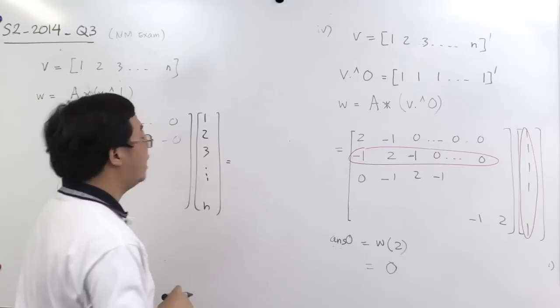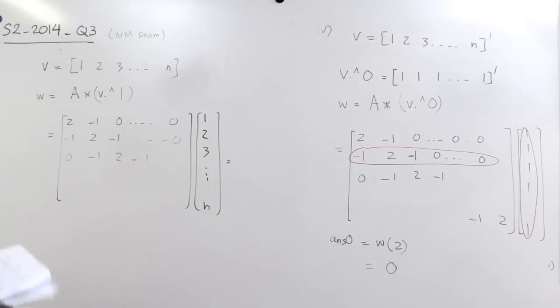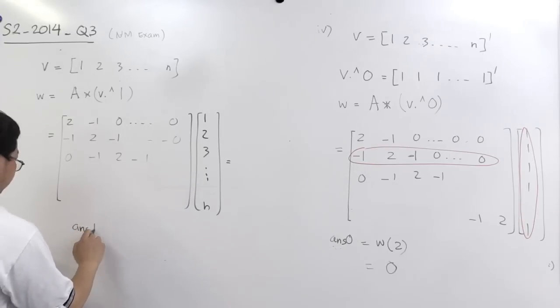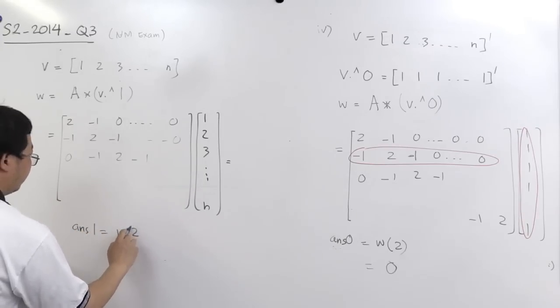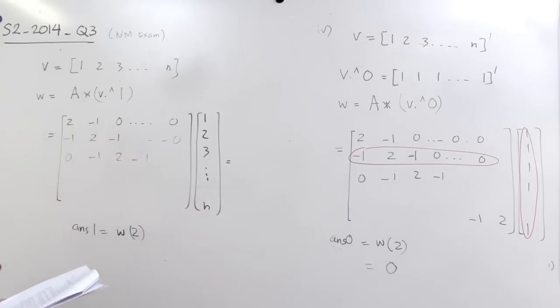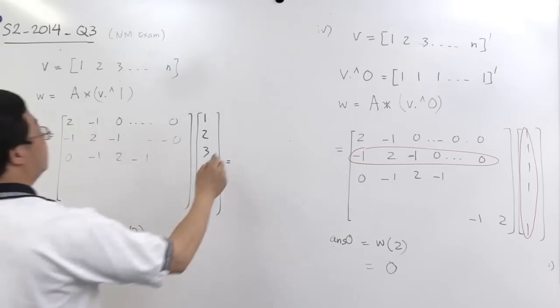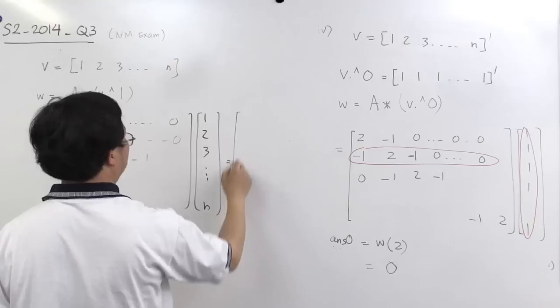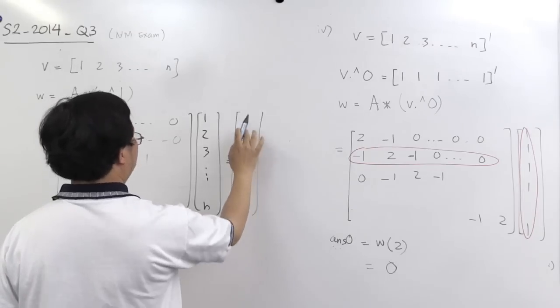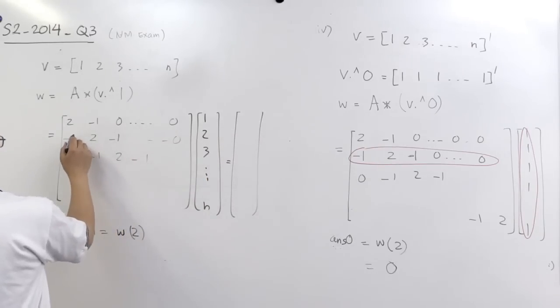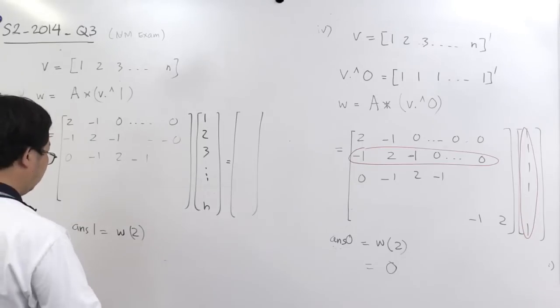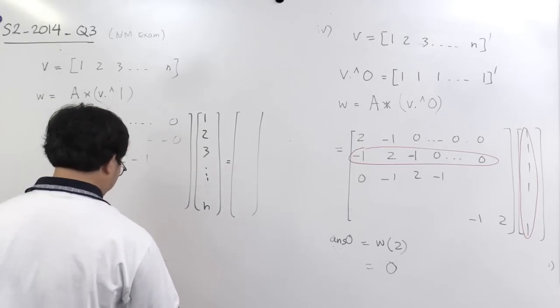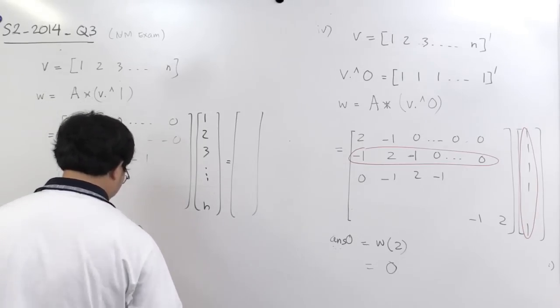Again, this answer just asks what the second entry of the product is. In order to find the second entry, you just take the second row and multiply with the vector.